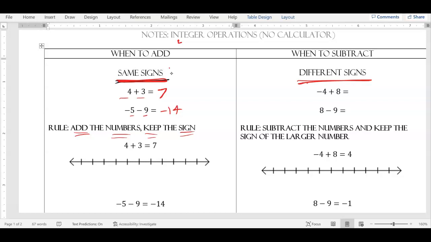So let's go ahead and plot this on a number line. You got to be able to plot on a number line. So you want to get your 4 somewhere on there and be able to add 3, which means go 3 to the right. So I'm going to put 4 right here. And then I'm going to fill in this whole number line.